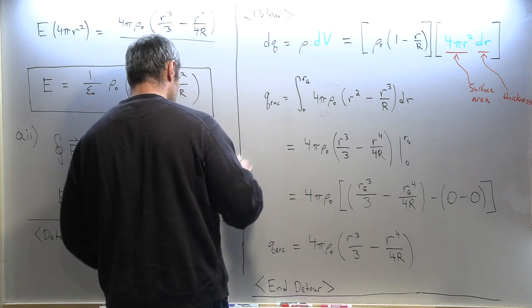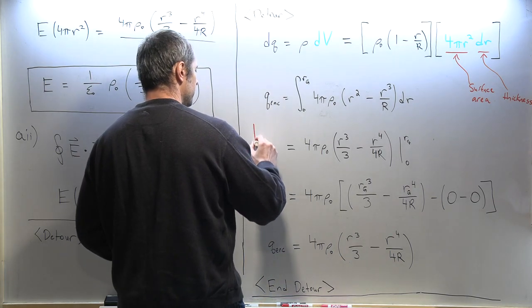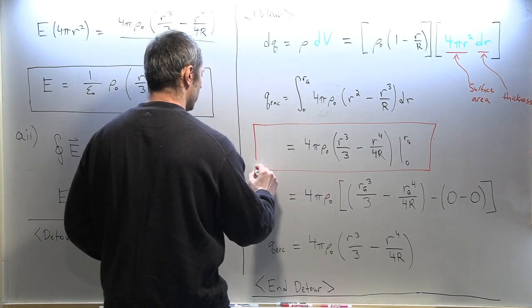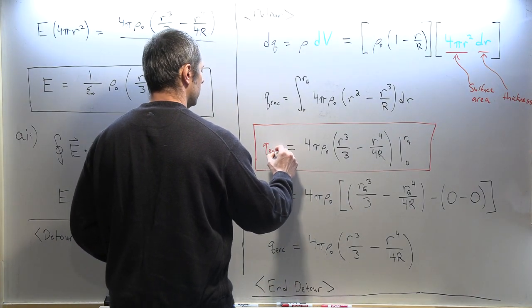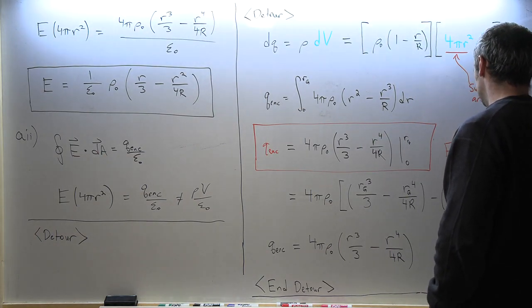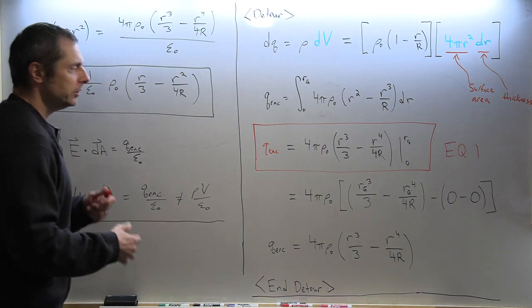So in your notes, you could go ahead and circle this formula for Q enclosed and label this like equation 1 or something like that. And we're going to reuse it.